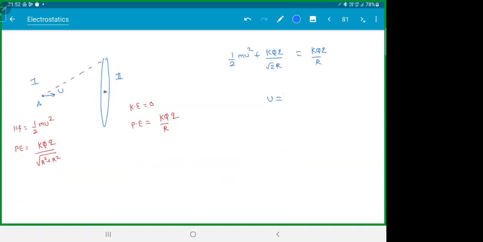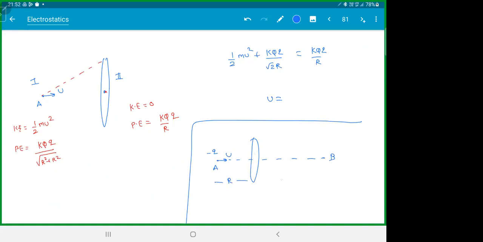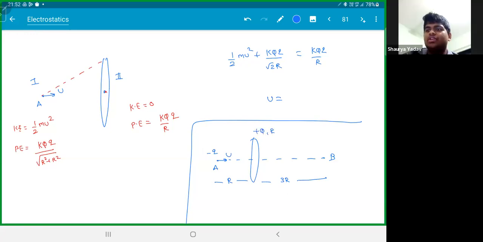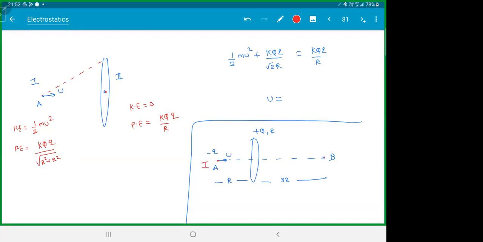But suppose the same question, if this was a minus q charge, can you tell me what will be the answer? Now what to do? What is your state 1 and state 2? State 1 is the center and state 2 is B. You can actually take this as state 1, this as state 2, because once you cross the center, after going this side, you're still getting pulled backward.